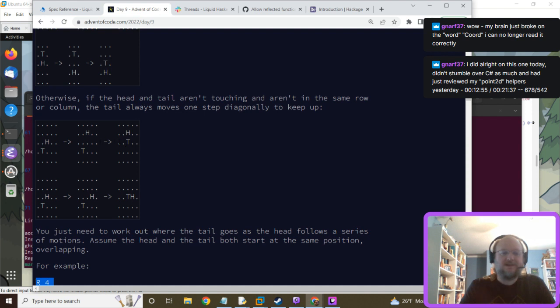And if it's not in the same row and column, it moves diagonally.